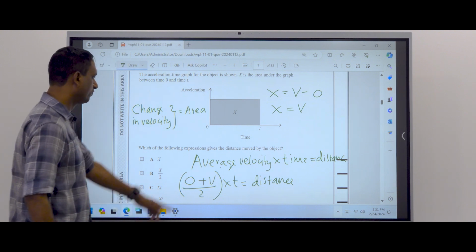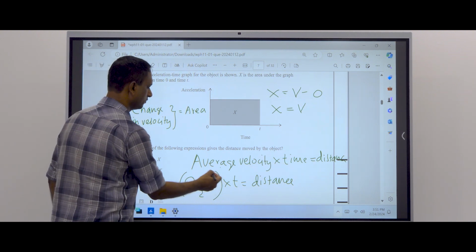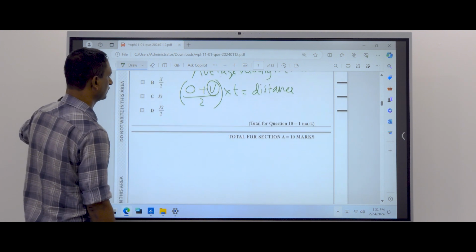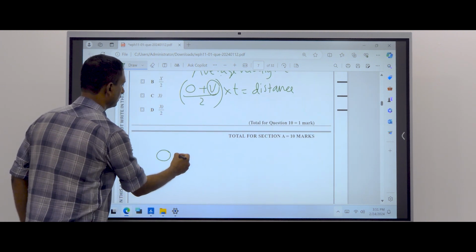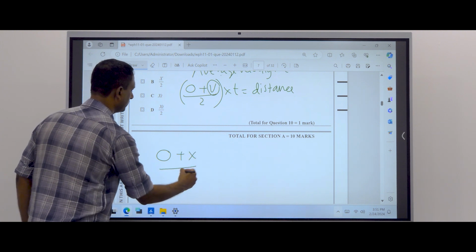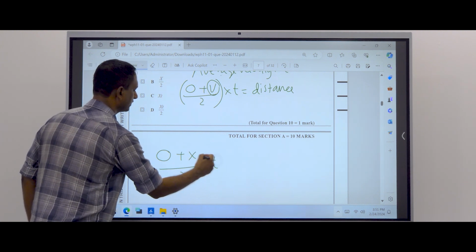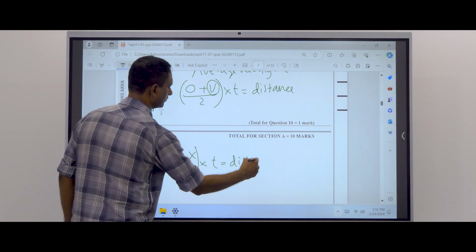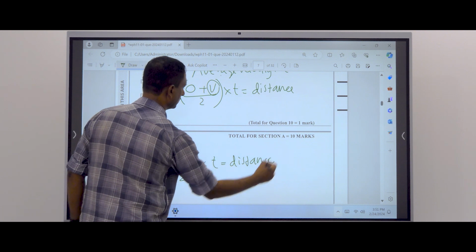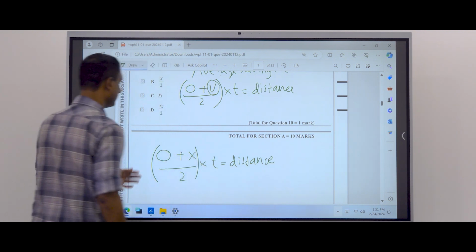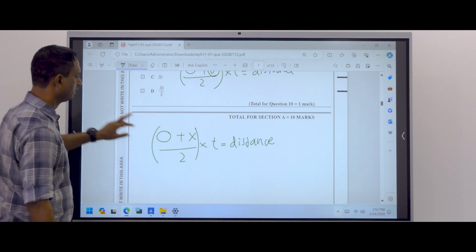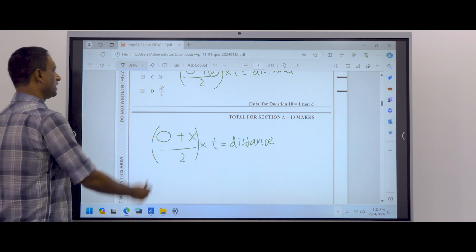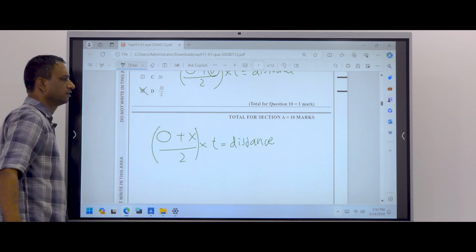For v I can substitute x: 0 plus x divided by 2, multiplied by t, equals distance. We can ignore the 0, so x multiplied by t divided by 2 is the answer.